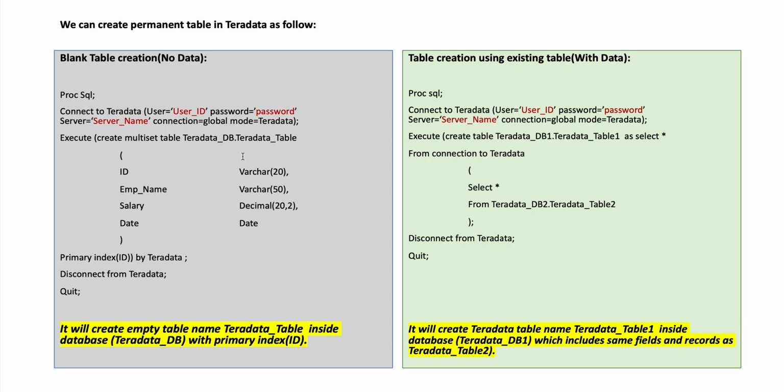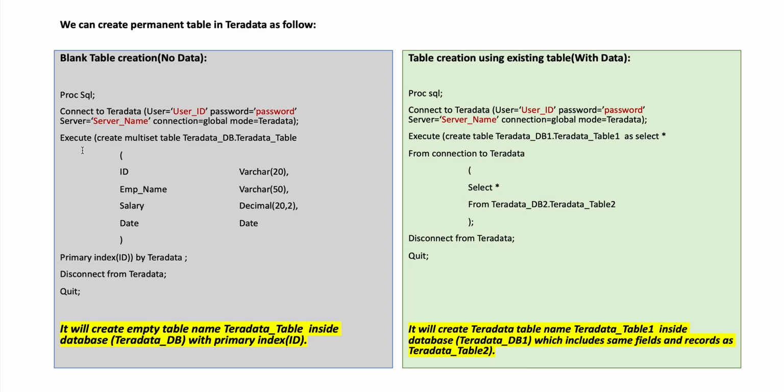This table includes only 4 variables: ID varchar 20, EMP name varchar 50, salary decimal 20, 2, date and date, parenthesis close, and we provide primary index ID by Teradata, disconnect from Teradata, and quit.